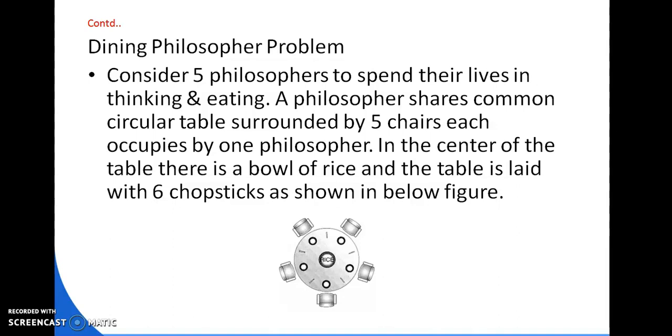When a philosopher thinks, she does not interact with her colleagues. From time to time, a philosopher gets hungry and tries to pick up the two chopsticks that are closest to her. A philosopher may pick up one chopstick or two chopsticks at a time, but cannot pick up a chopstick that is already in the hand of a neighbor.